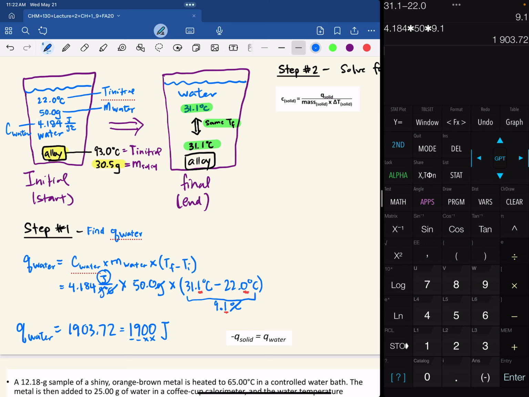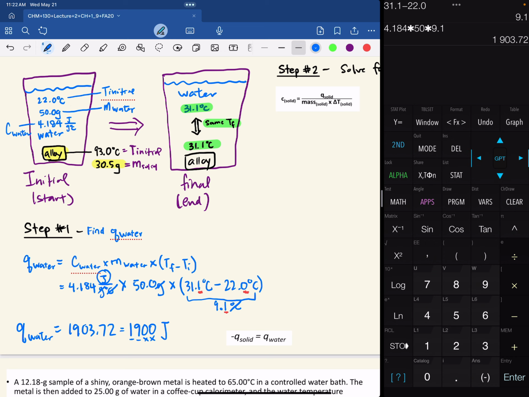Now, it is very important to remember from our previous video that the amount of heat absorbed by the water is going to equal the amount of heat released by the solid, but the sign should be negative because the Q for the solid is released, not absorbed. It's exo, not endo.